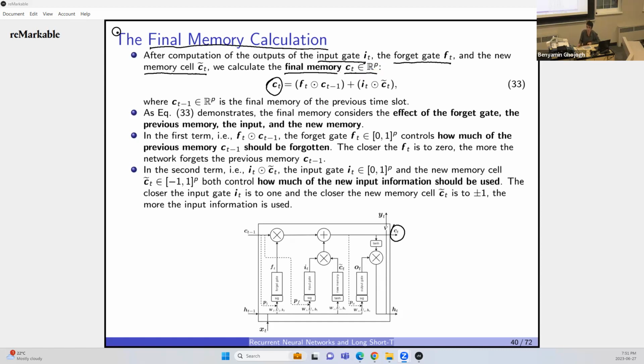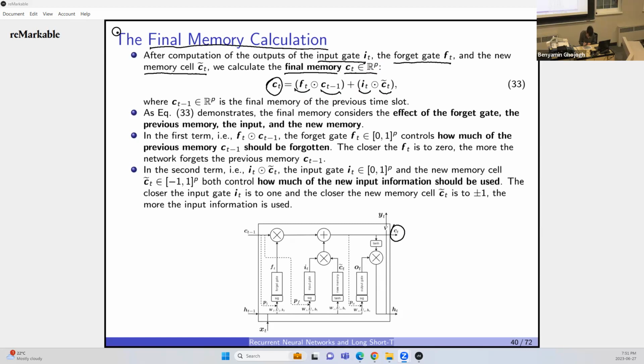It's called final memory. So what does it do? It uses the Hadamard product, or element-wise product, of FT and CT minus 1. Also, the Hadamard product between IT and CT tilde. I will tell you the interpretation. First off, let's take a look at the figure.